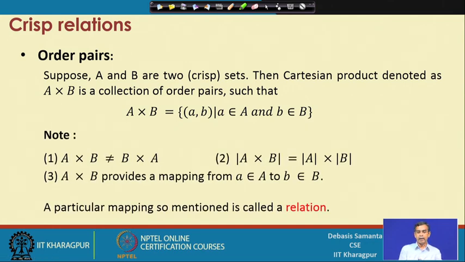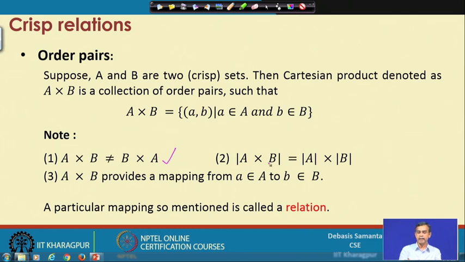Now, a particular mapping belongs to a particular relation, and so far as the Crisp relation is concerned, these different properties hold good. The first property is that A cross B is not equal to B cross A, that means they are not commutative.